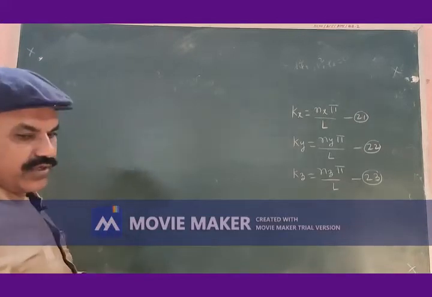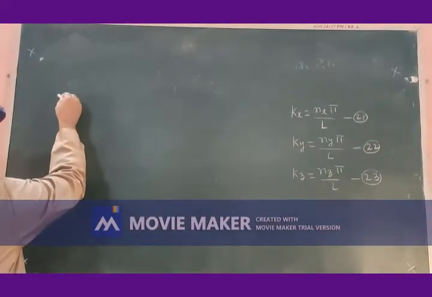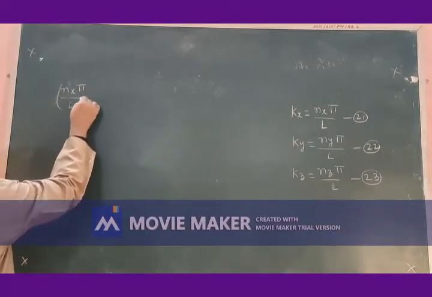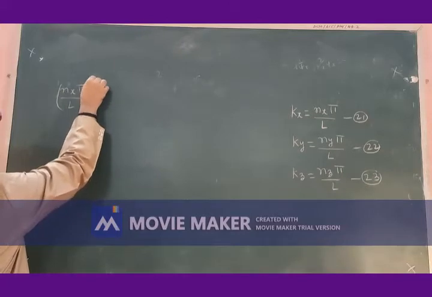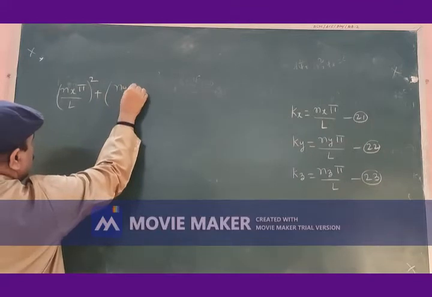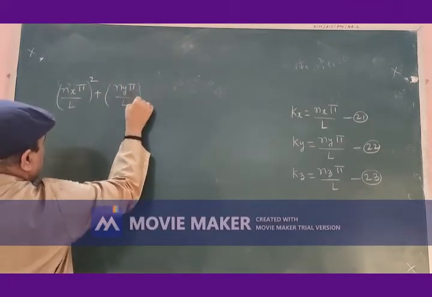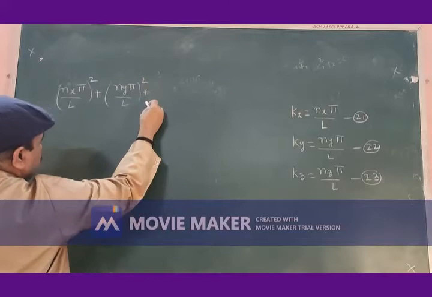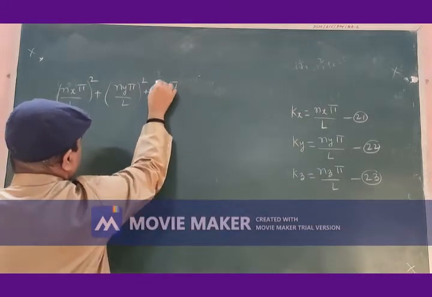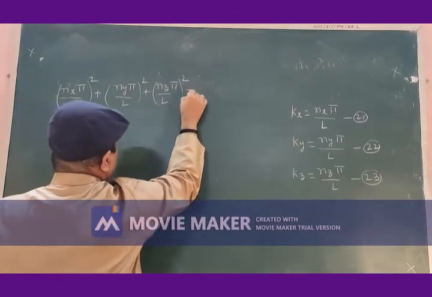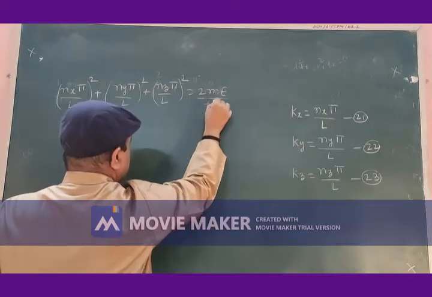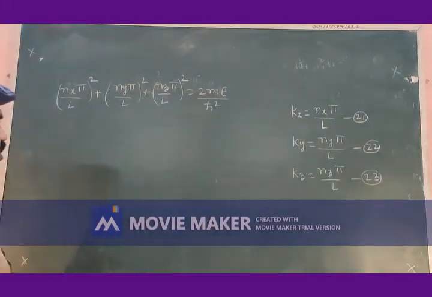in 13 for kx square I have to put (nx pi divided by L) square plus for ky square I have to put (ny pi by L) square plus for kz square I have to put (nz pi by L) square, that is equal to 2me divided by h cross square.